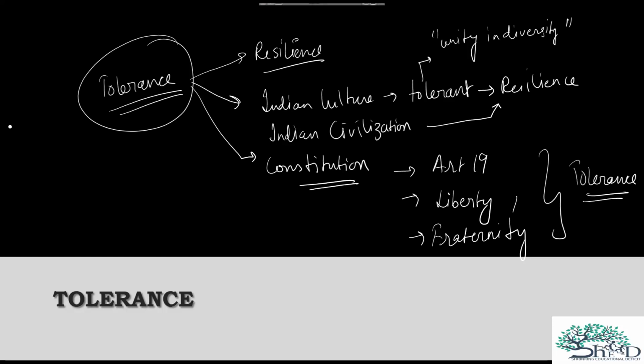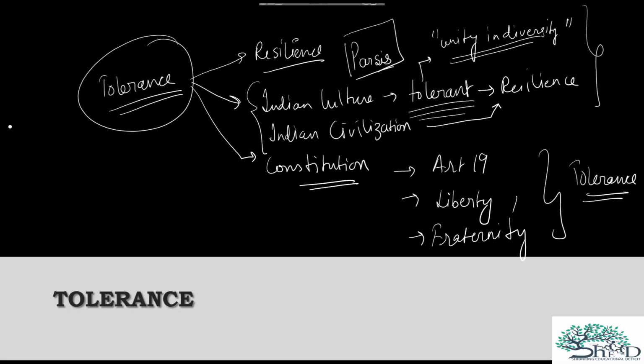Best example is Parsis, Iranians who came, and so on. So unity in diversity is our strength. This is why it is our strength, because it has made us resilient. Why? Because we are tolerant toward many cultures. This is related to GS1 and you can write it here in this way because now you know the value behind it.